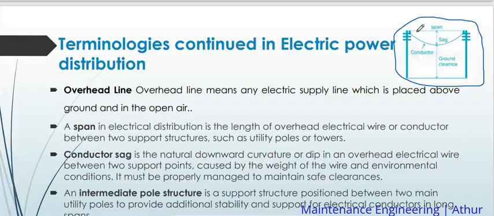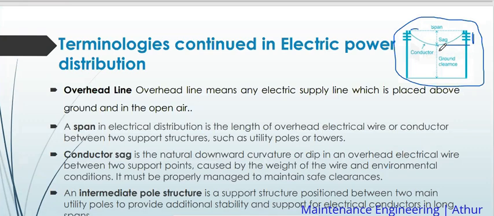A sag is from the expected horizontal line between the poles to this. If these are conductors, then we say that this is a sag from here up to here. When we are doing a calculation about the sag, we measure it from here. So the sag is this.